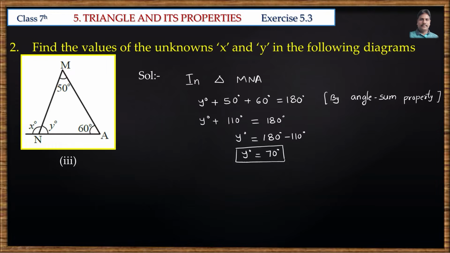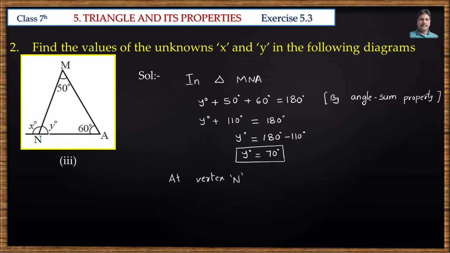Now, we will find the x value at vertex N. At vertex N, observe x and y, they are adjacent angles on the straight line. So, they are supplementary.